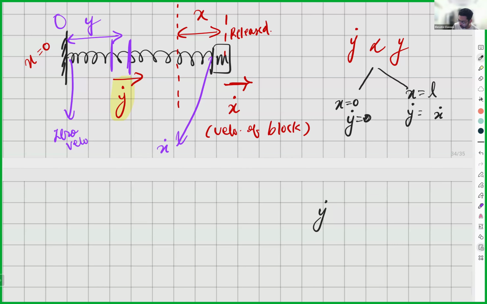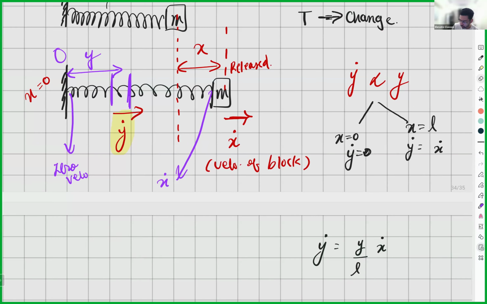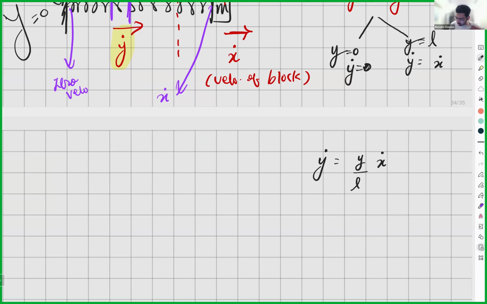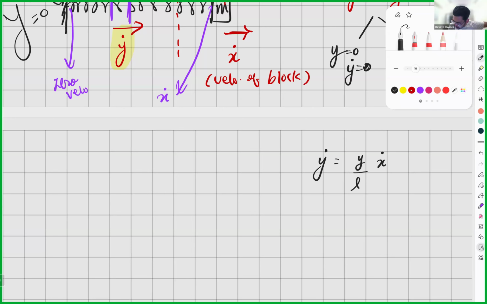So y dot becomes y by L into x dot, right? Now, this will be y, not x, because we have assigned the variable y for the displacement. So you take it y in fact. Finally, this is the expression.